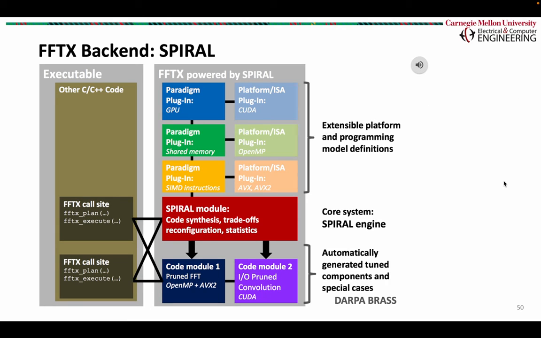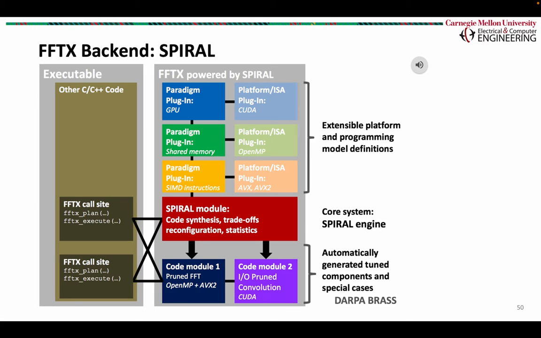The backend of FFTX is based on SPIRAL, which automatically maps computational kernels across a wide range of computing platforms to highly efficient code and proves the correctness of the synthesized code. This addresses two fundamental problems that software developers are faced with. First is the portability across the ever-changing parallel platforms, and second is verifiable correctness of sophisticated floating point code.